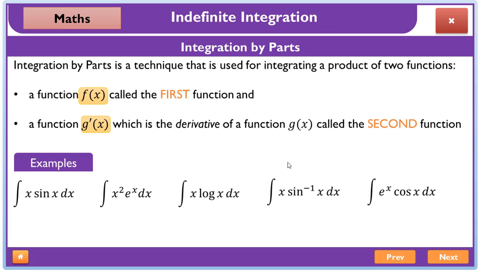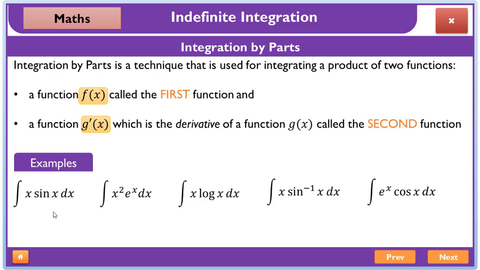There are basically three techniques of integration: integration by substitution, integration by parts, and integration by partial fractions. Integration by parts is a method of integration which is used when the integral is a product of two functions like x sin x.